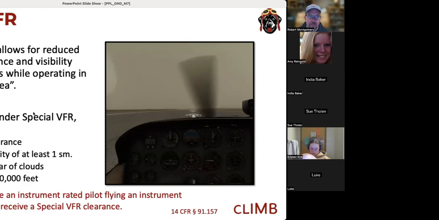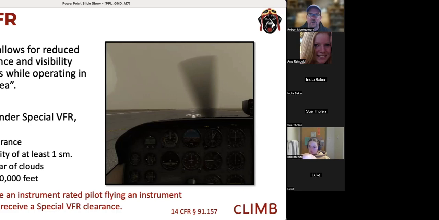All righty. So I want to circle back to something, right? We talked a lot about how in controlled airspace, you are not allowed to fly VFR with a ceiling of less than 1,000 feet. So, question for you. What's a ceiling? The distance from land to the clouds, whether or not they're overcast or broken.